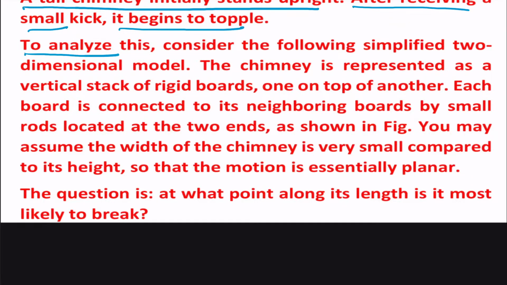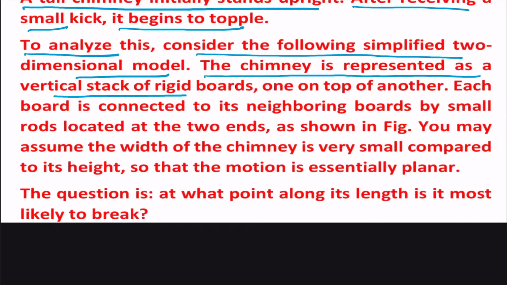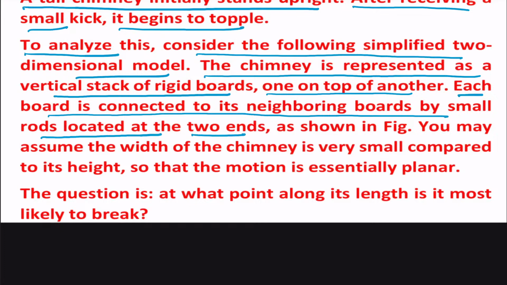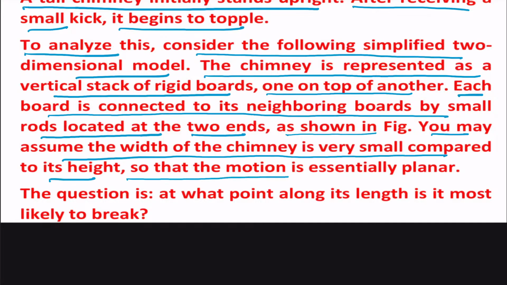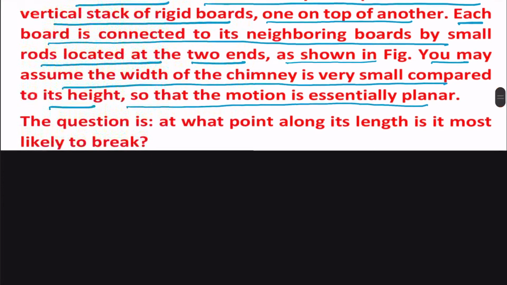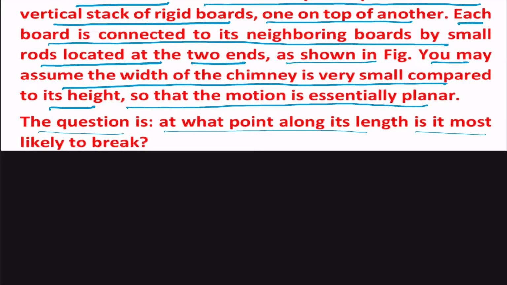To analyze this, consider the following simplified two-dimensional model. The chimney is represented as a vertical stack of rigid boards, one on the top of another. Each board is connected to its neighboring board by a small rod located at its two ends, as shown in the figure. You may assume the width of the chimney is very small as compared to its height, so that the motion essentially is a planar motion. So the question is, at what point along its length is it most likely to break?